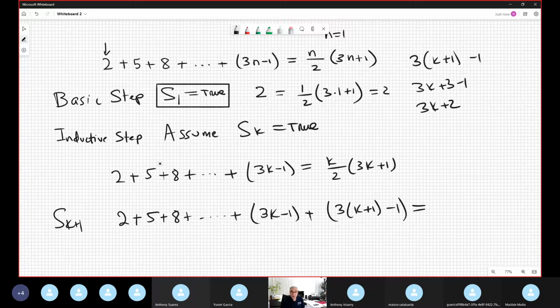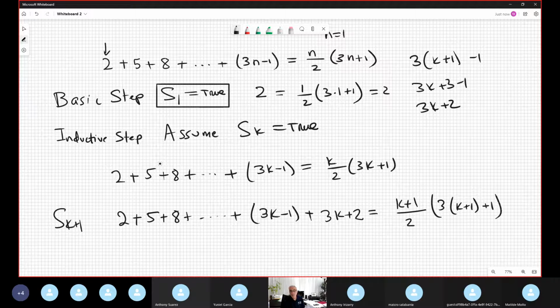Okay, good. So there is no reason to write it that way. It's complicated. Much better is 3k plus 2. Equal, on the right-hand side we have (k plus 1) divided by 2, times (3(k+1) plus 1).